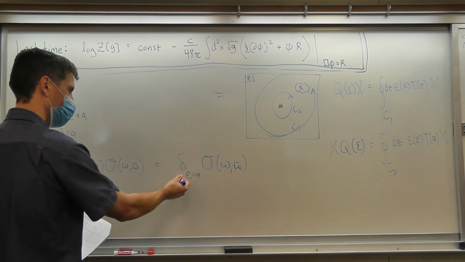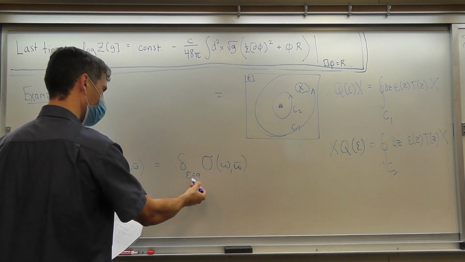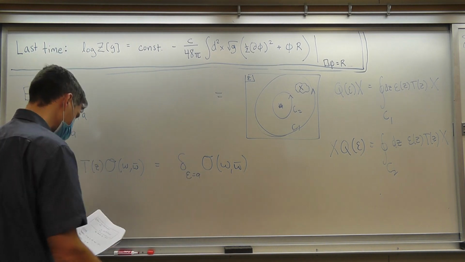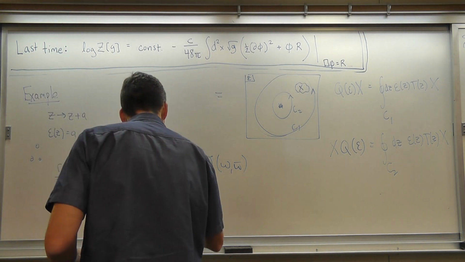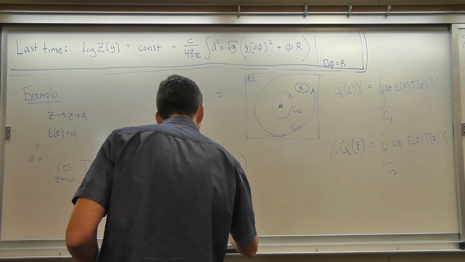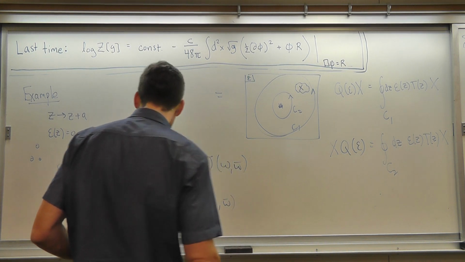And if you take a local operator and do a constant variation, that's just the derivative. So this is dO of w, w bar.